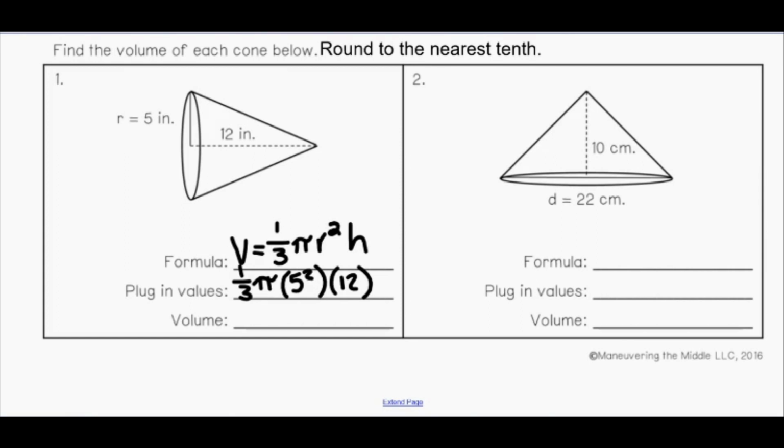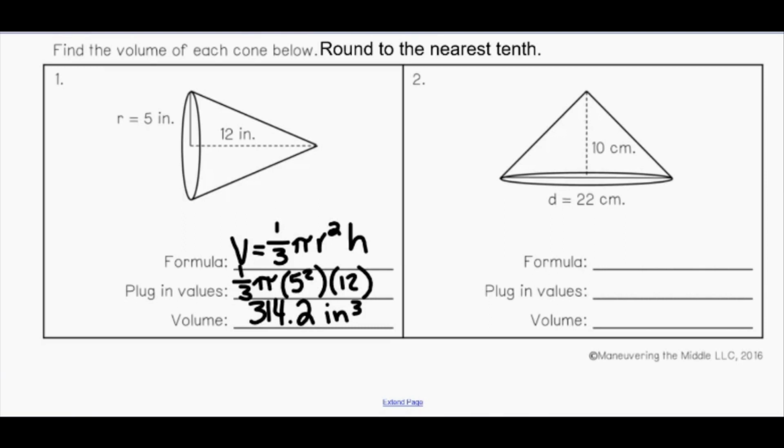Those numbers in, you're going to get 314.1592. If we're rounding to the nearest tenth, that means we have 314, and the 1 is going to round up to a 2 because of 5, and then it's inches cubed.